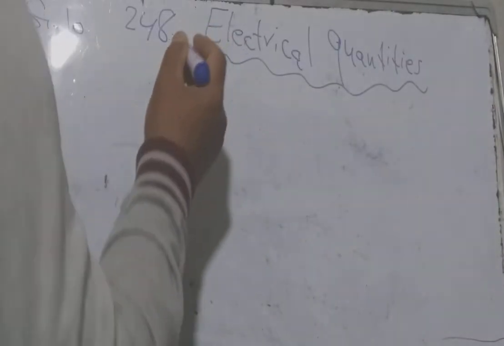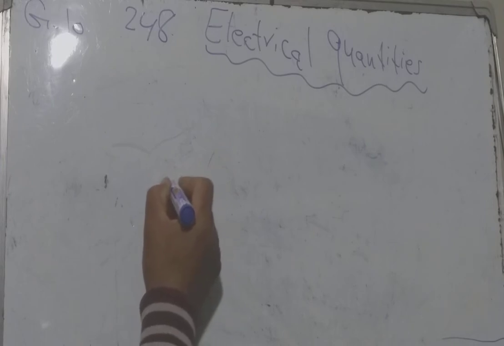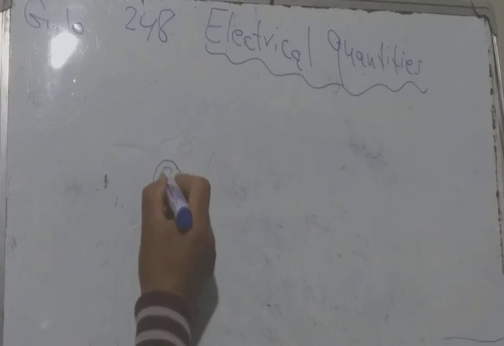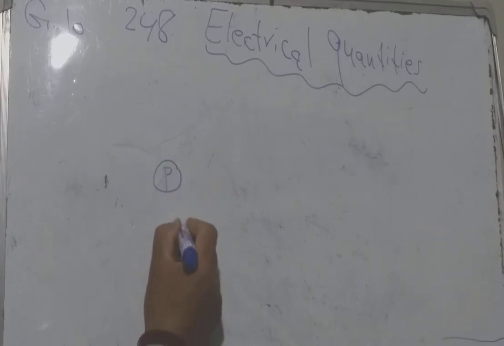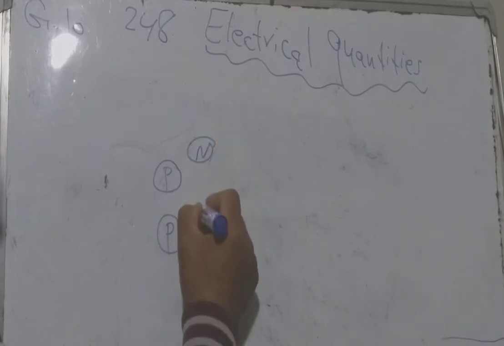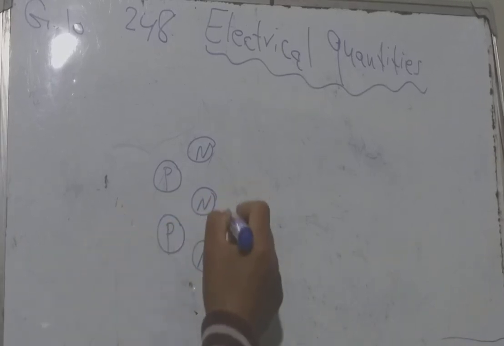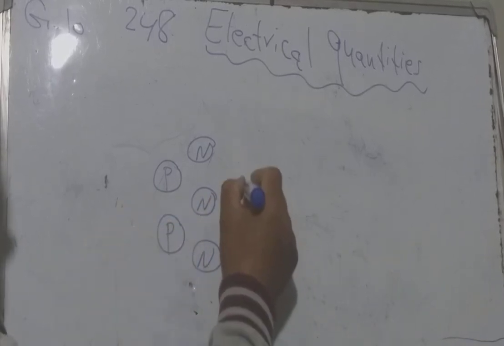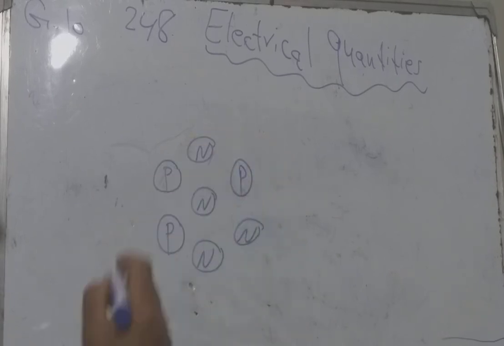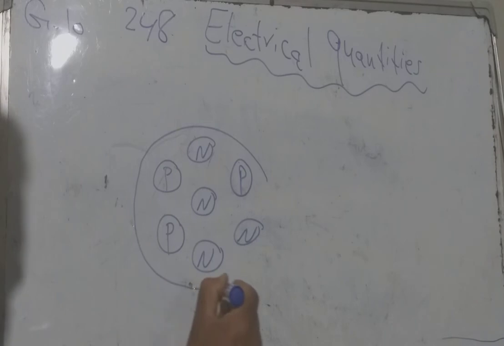So if we have a proton, neutrons, and another proton, they are all in the center here.